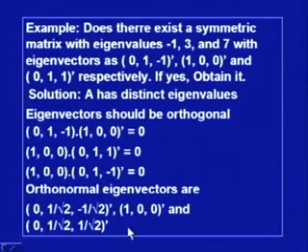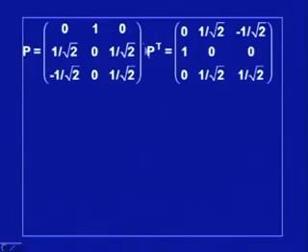So, this is a set of orthonormal eigenvectors, and then I can form matrix P. This is the first eigenvector, second eigenvector, third eigenvector, and P transpose is this.